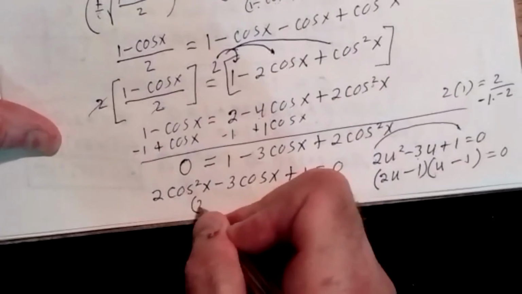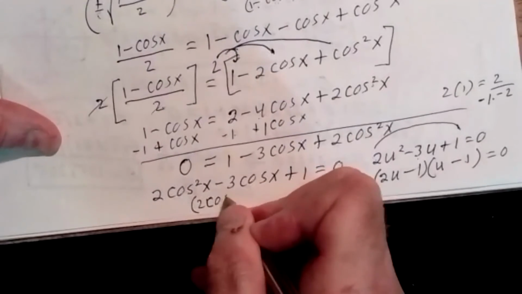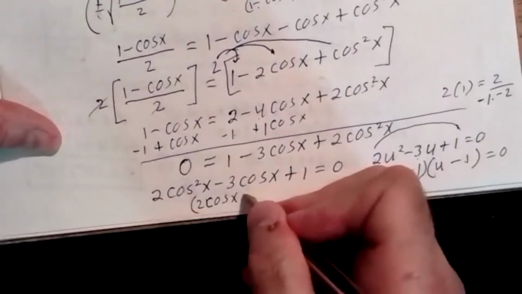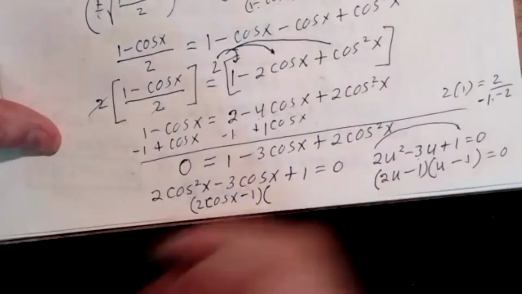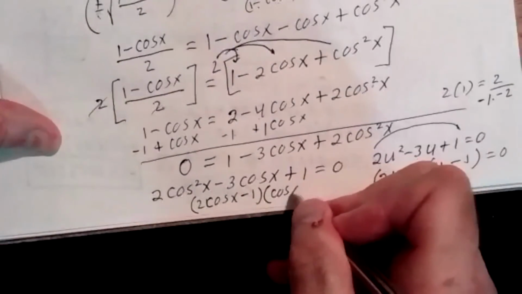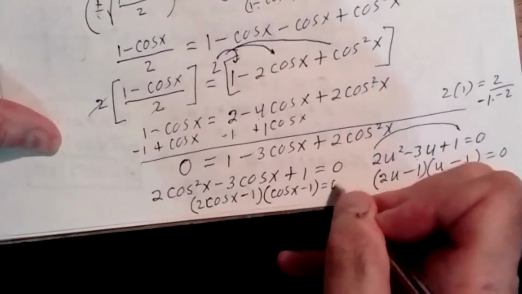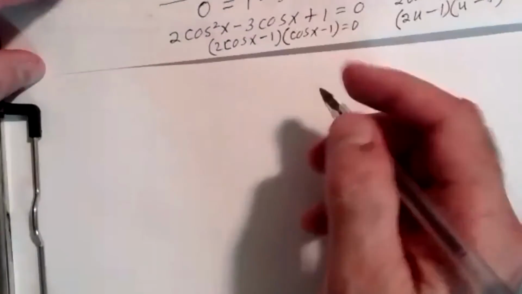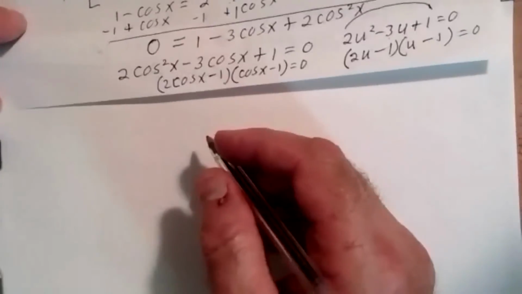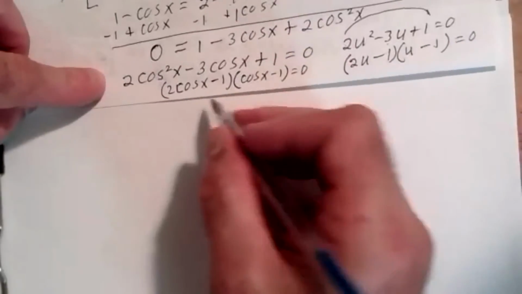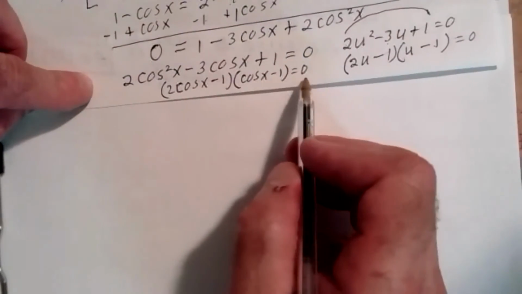It's going to factor into 2 cosine x minus 1 times cosine x minus 1. The left side factors into this.